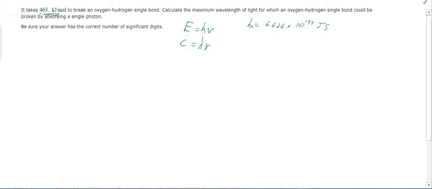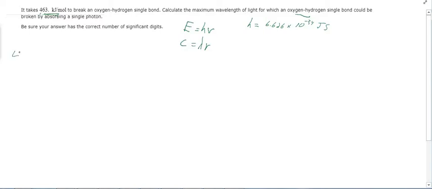Now we want to only deal with a single oxygen-hydrogen bond and not a full mole of them, so that probably should be the first place where we start. Let's get down to the energy to break a single bond, not a mole of those bonds.